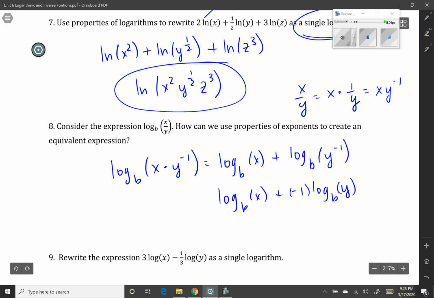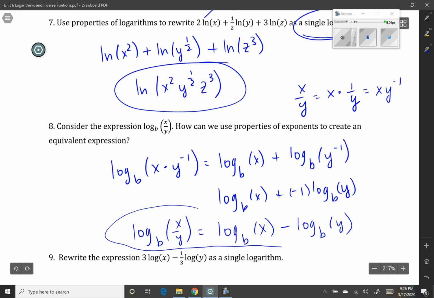Now this just looks funny here, right? I wouldn't write plus a -1, so I would rewrite this as log base b of x minus log base b of y. So what we can see here is we're developing a brand new property. When I divide inside of a logarithm, I can rewrite as a subtraction problem.